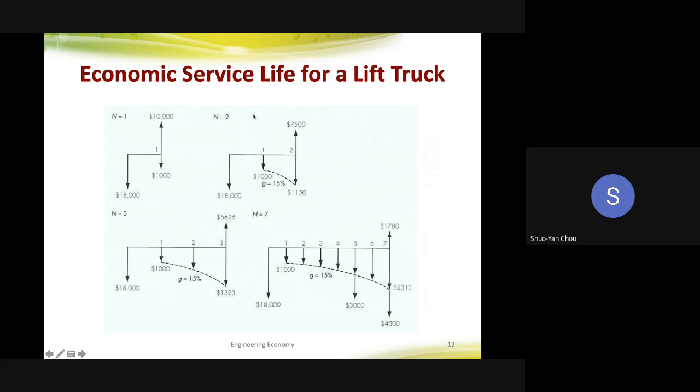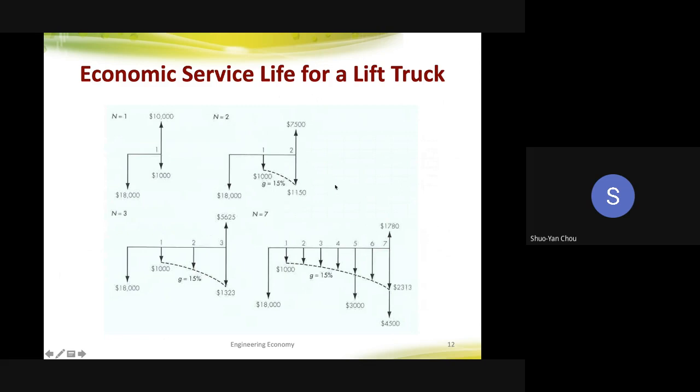So if we consider 3 years, it will be like this. Consider 7 years, it will be like this. And there could be additional cost there, additional cost here. And the salvage value is very low. So when time goes longer, there will be even more cost that we need to consider.